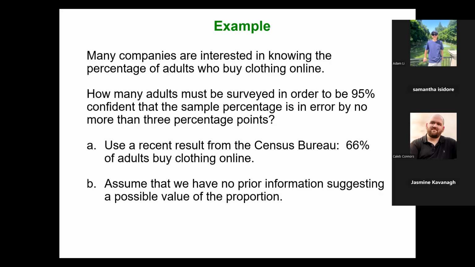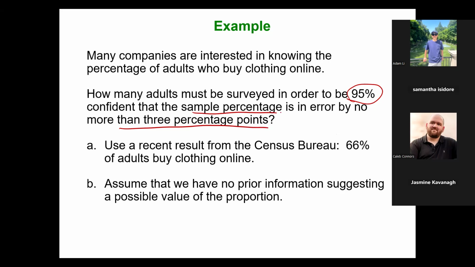So how many adults must be surveyed in order to be 95% confident? The e-commerce company would tell their contractor they want 95% confidence or 99% confidence. And then the sample percentage is to be off by no more than 3 percentage points.